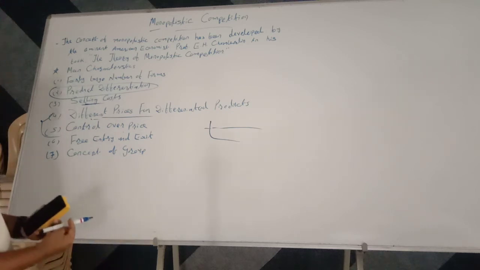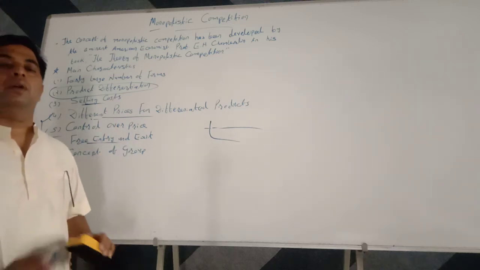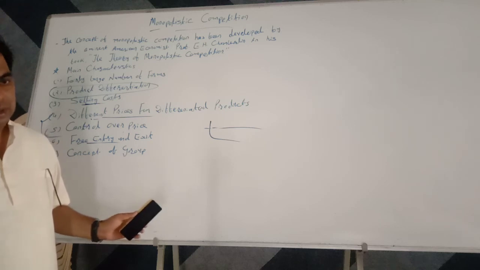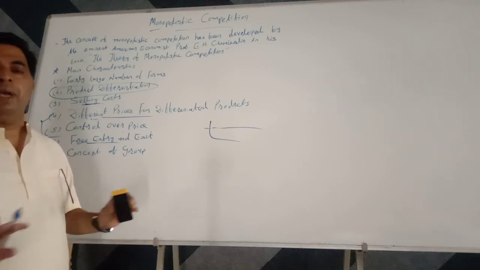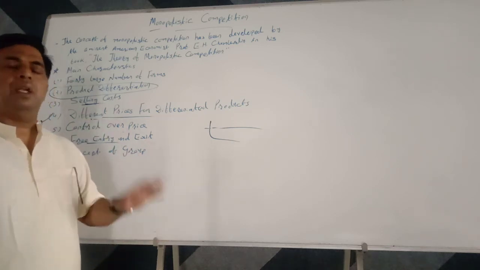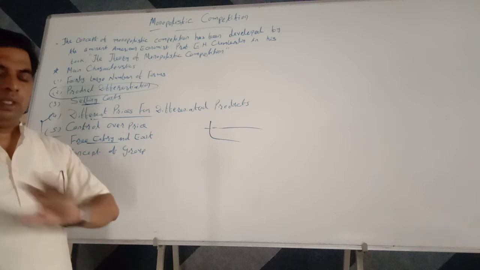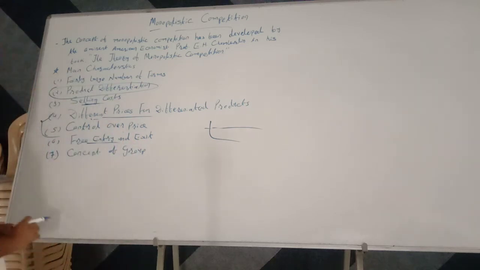Okay, free entry and free exit, like perfect competition, here also free entry and free exit. Any firm can enter the industry without any restriction, there are no barriers to entry of the rival firm, and if the firm incurs losses it can leave the industry, there is no restriction, there is no compulsion to remain in the industry. Last, concept of group.